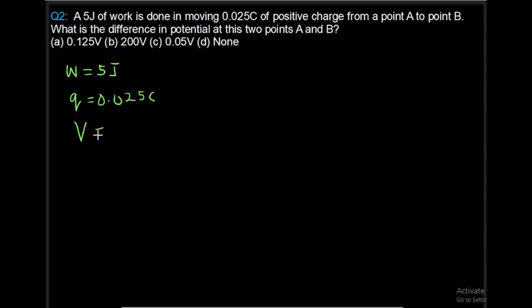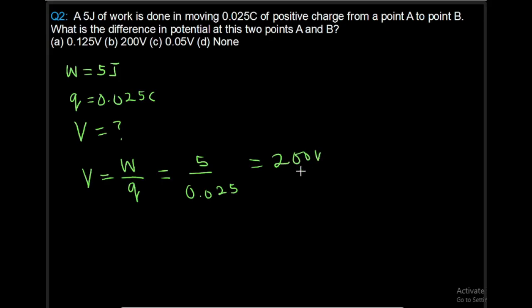So we have V. We're looking for V, and they gave us W and Q. Now the formula which relates this is V equals work done all over charge. All right. So to get V, we simply plug in our values. W is 5, and then Q is 0.025. So we have 5 divided by 0.025. That will give us 200. So our V is equal to 200 volts, which is option B.